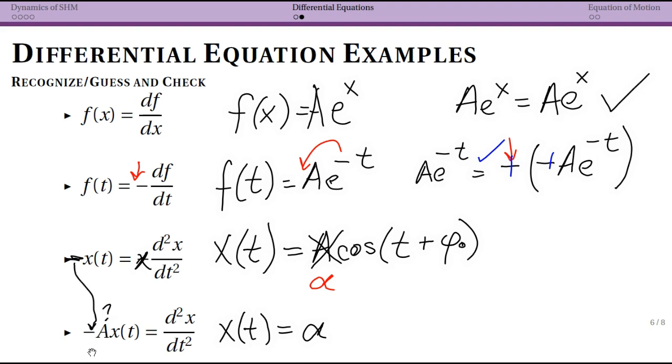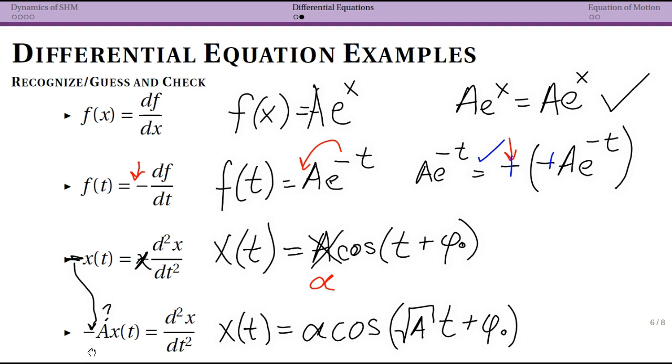So it's just, what do I do with this a? Well, so I have alpha cosine. Well, keep in mind that if I had something multiplied by t, it would be multiplied out front when I took the derivative. But then when I take the second derivative, that happens again. So this here is square root of alpha t plus phi naught.